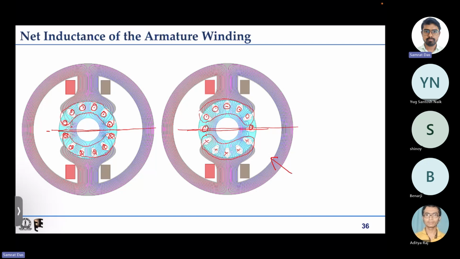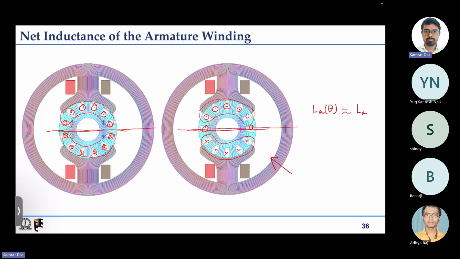But if the coils are designed carefully, and if we have enough number of slots, then this variation is not too much. So although the armature inductance is strictly speaking a function of rotor position, this dependence is quite weak, so it can be approximated as a constant quantity.